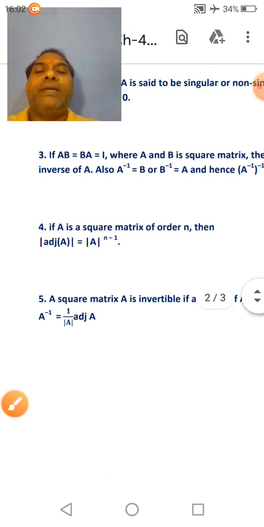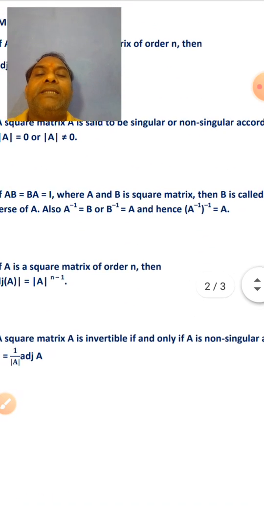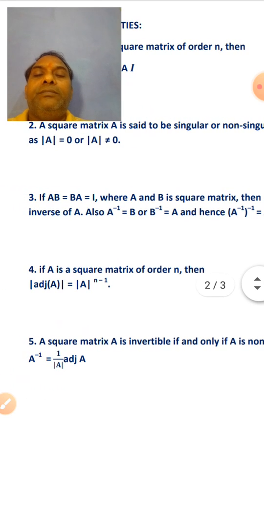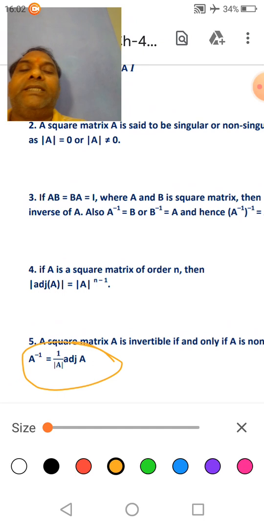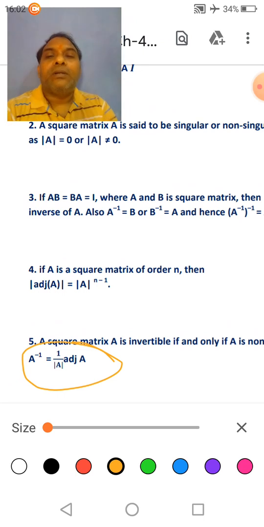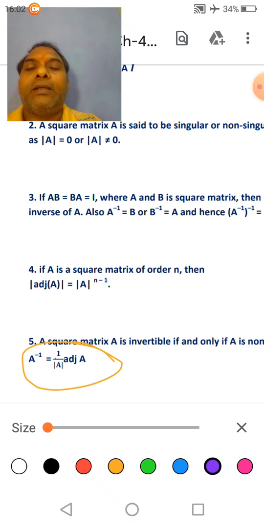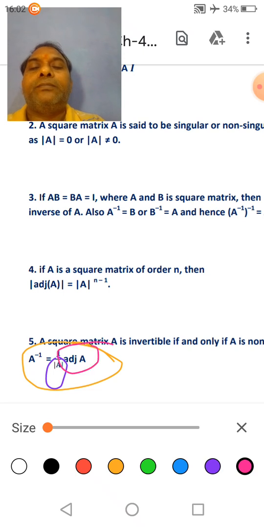Next property. A square matrix A is invertible if and only if A is non-singular. It means if determinant of A is not equal to 0, then A inverse exists, because the formula to find A inverse is equal to 1 upon determinant of A into adjoint of A. Clear?